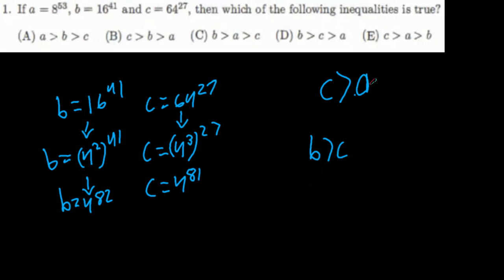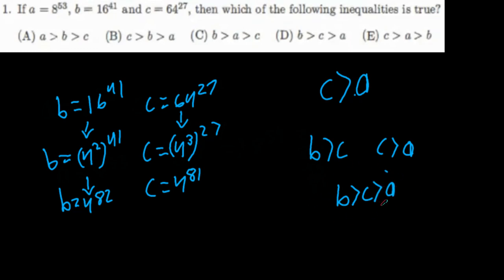Now we can merge these two inequalities together. We know that a is less than c, and we know that b is greater than c. So c should be in the middle. So b is greater than c, and c is greater than a.